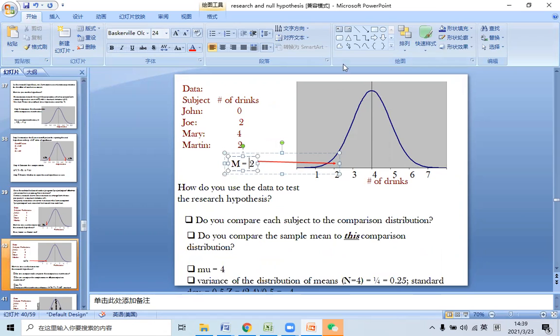The original distribution is a distribution of individuals, individual persons. Now you have a group, you have a sample, 4 people in the group. You are using the group mean as your statistic. That means you need a different distribution. You need a distribution of sample means.